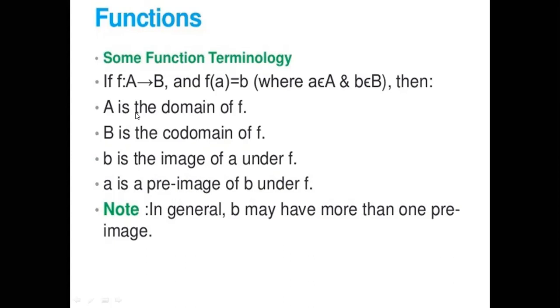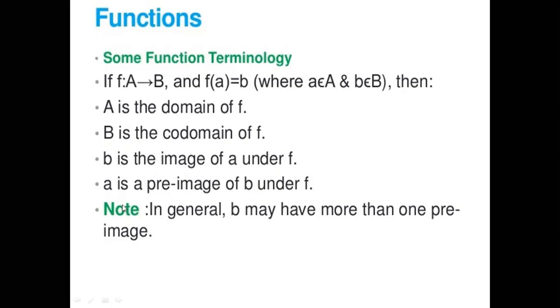Whatever values are written in set A are called the domain of the function, and B is the codomain of f. The values in set A are called the pre-images of b under the function, and the values written in set B are called the images of a under f.